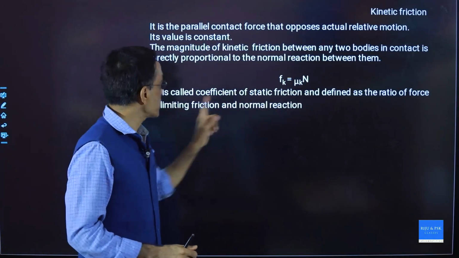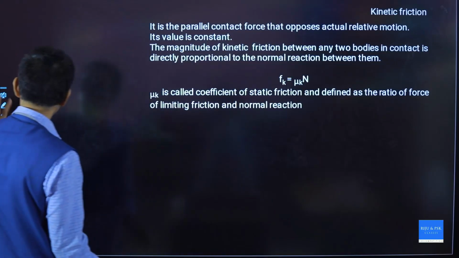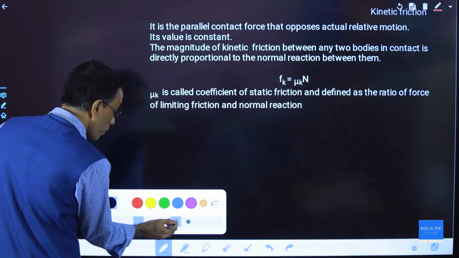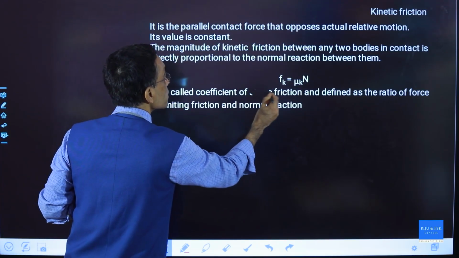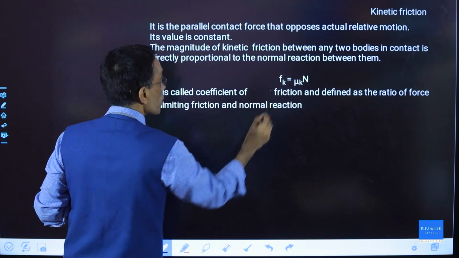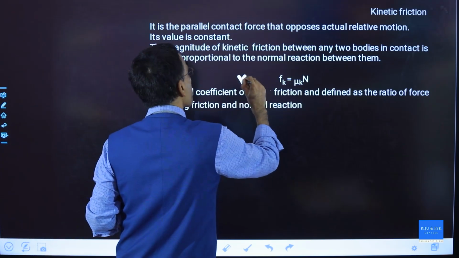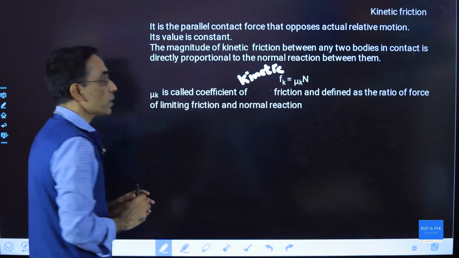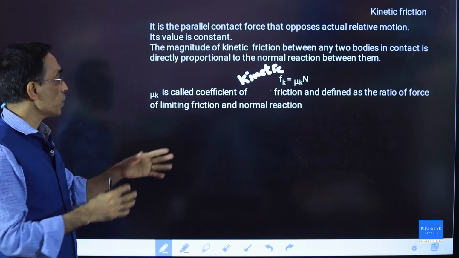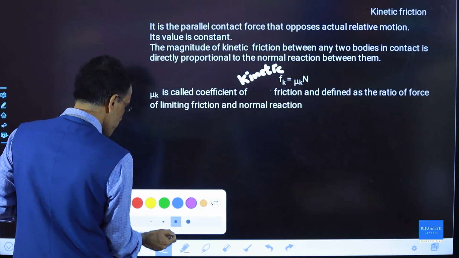Mu k is called the coefficient of, it should be kinetic friction. There is an edit here. Don't copy it exactly as it is, okay. This should be kinetic, okay. That must be kinetic. Coefficient of kinetic friction is the ratio of force, again there is another edit here.